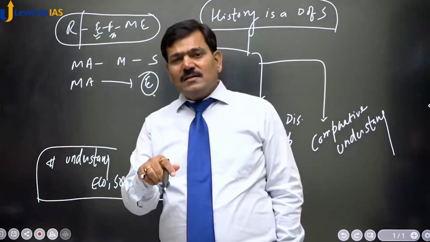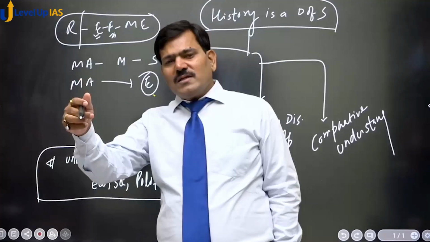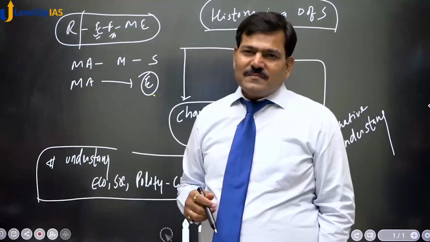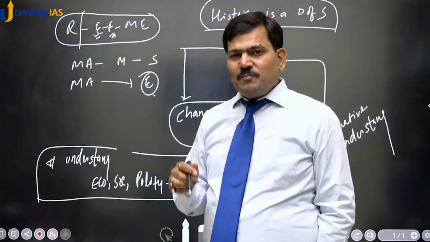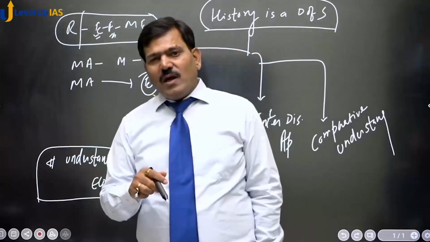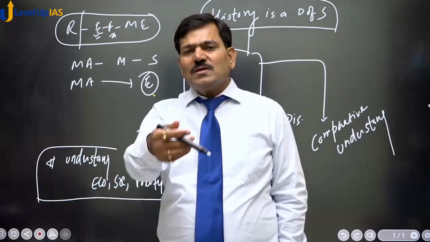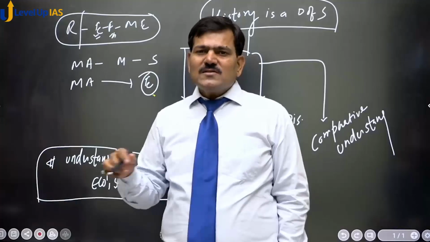You have to write about the idea of the United Nations Organization with an understanding of the League of Nations. To secure peace collectively, the world came to the conclusion that we have to make an institution like the League of Nations. The League of Nations failed.